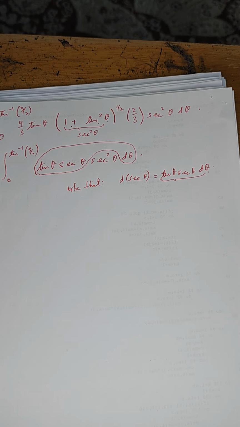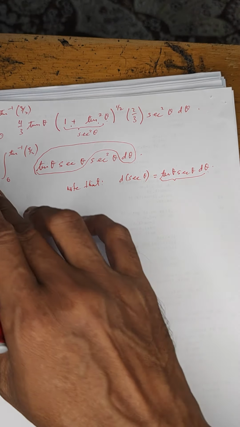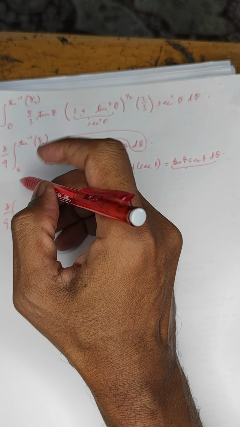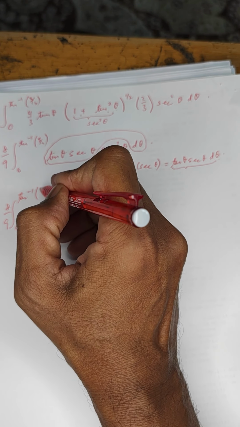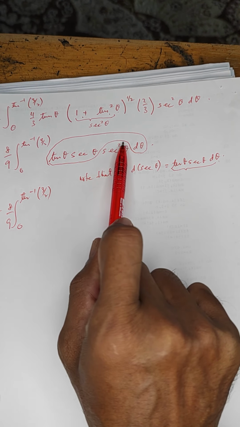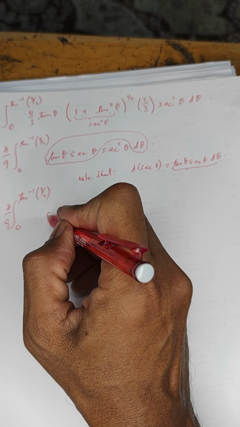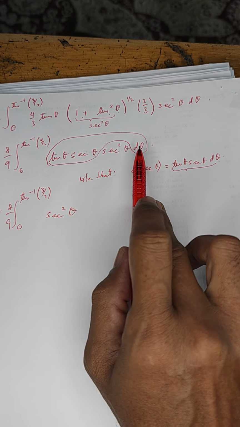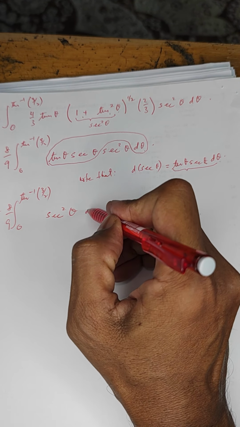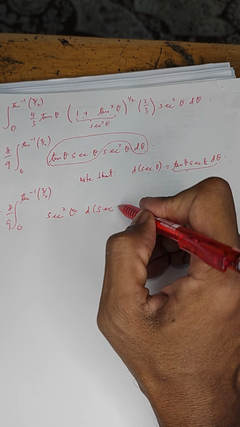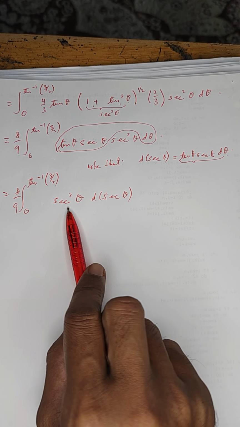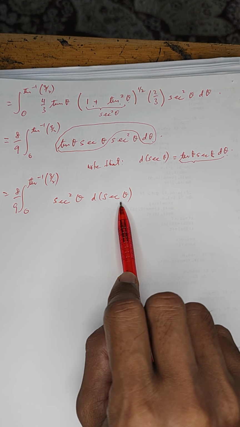That's one term. So now I can write the integral as 8/9 integral from 0 to inverse tangent 3/2 of d secant theta, and what is left is secant squared theta. Tangent theta secant theta d theta is equal to d secant theta. Now you can just integrate with respect to secant theta as a variable.